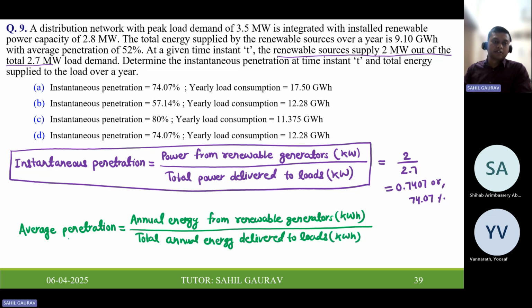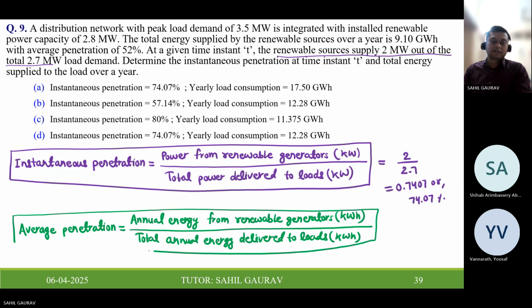Megawatt can also be correct. So it will be yearly load consumption. You can write yearly load consumption.